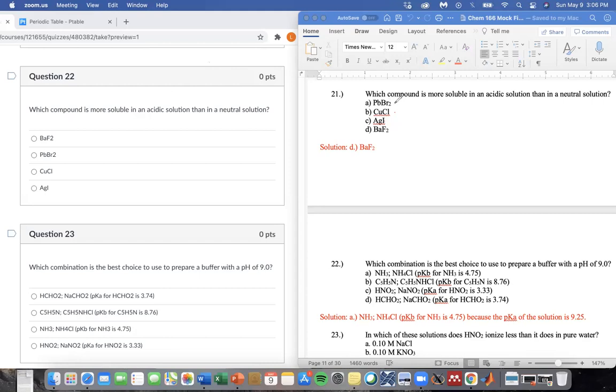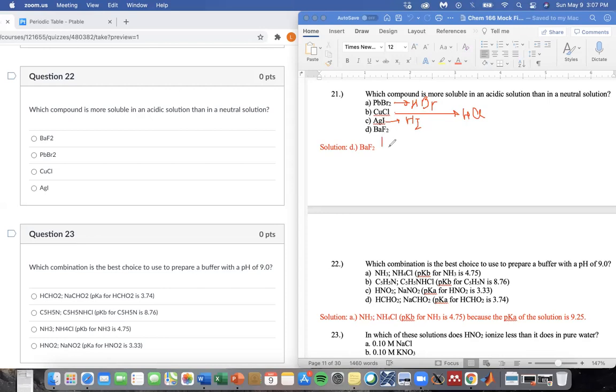So for PbBr2, because Br- is from HBr, which is a strong acid, your Br- is only neutral. Same thing with CuCl: HCl is a strong acid, so your Cl- is just going to be neutral. And same with AgI: you'd produce HI, which is a strong acid, so I- would just be neutral in the solution.